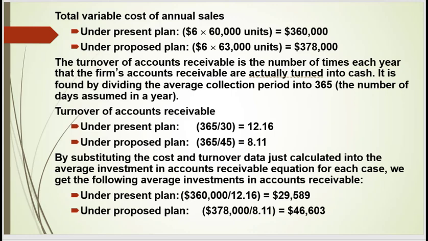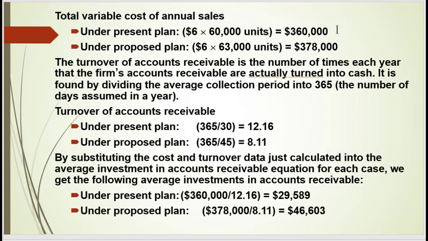The total variable cost of annual sales under the present plan is $360,000: the variable cost of $6 per unit times the number of units. Under the new plan with 3,000 more units, the variable cost will go up to $378,000.